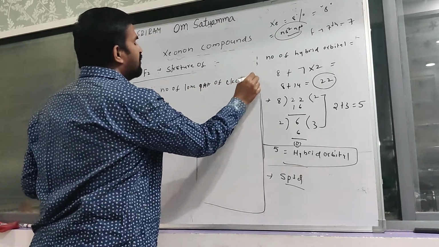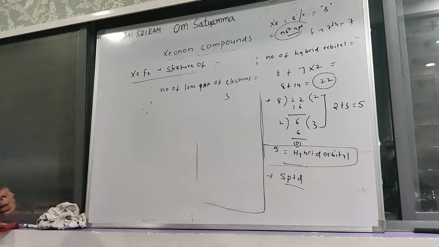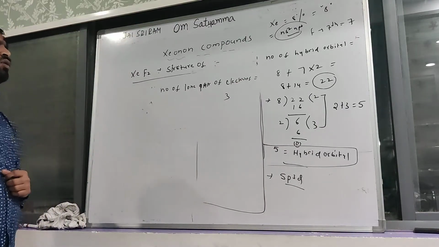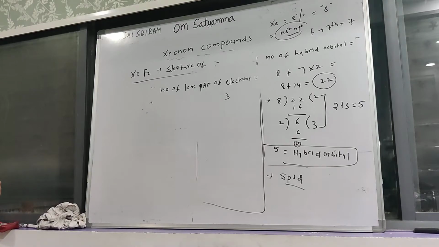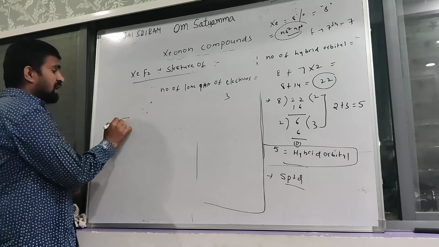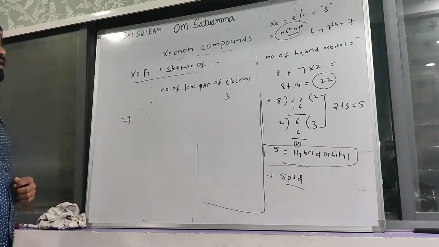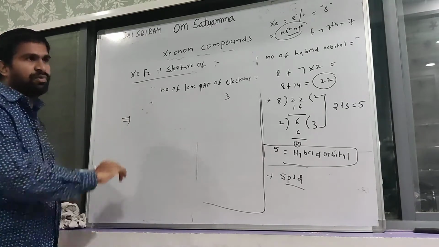3. How can you say that? If you are wondering, find out the number of lone pairs of electrons in the given compound.